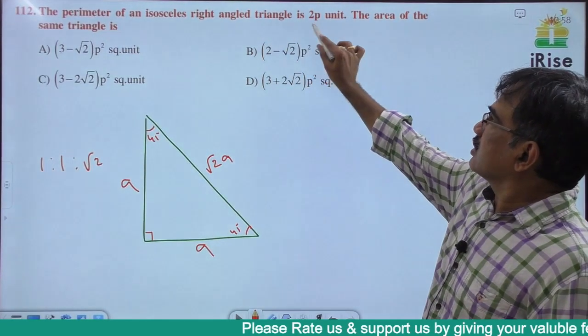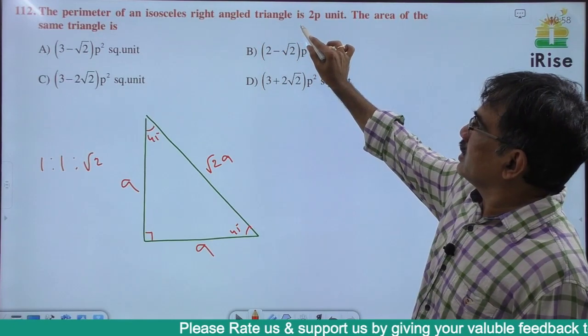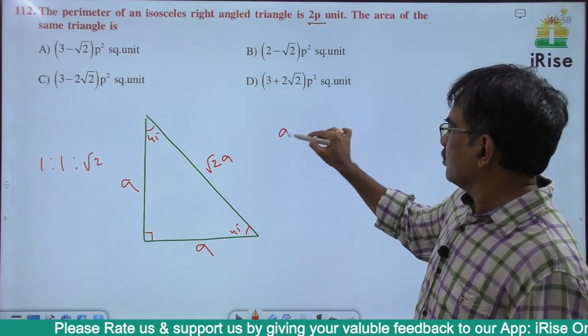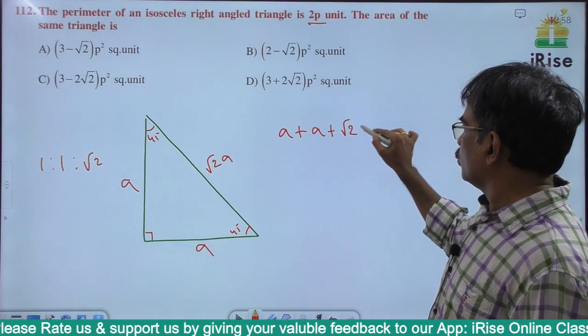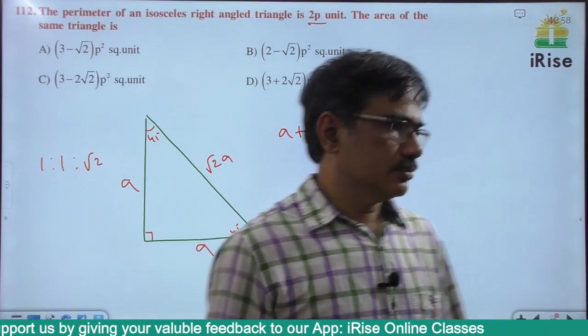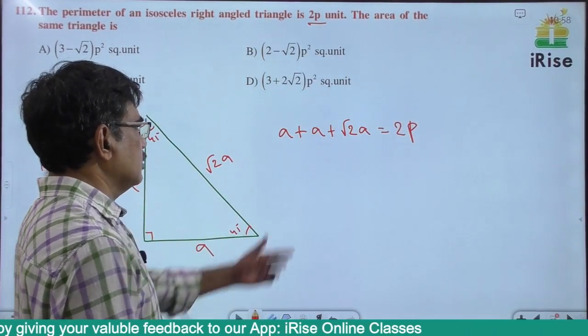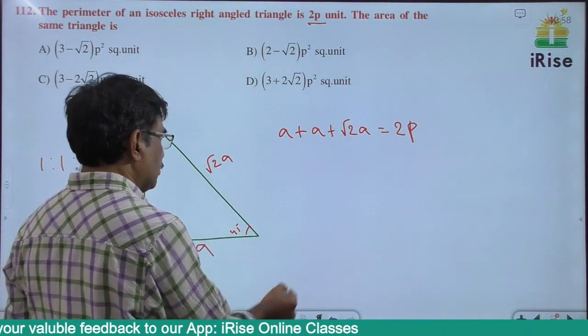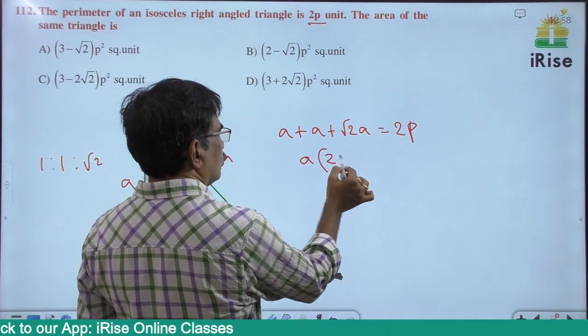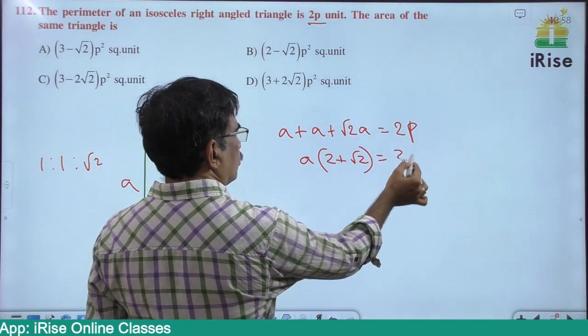Here, the perimeter of an isosceles right angle triangle is 2p. Perimeter is nothing but A plus A plus root 2 A is equal to 2p. Then what is the area? See here. This can be written as A into 2 plus root 2 is equal to 2p.